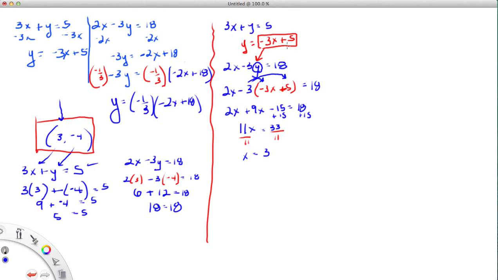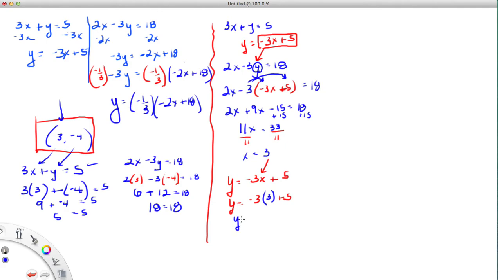How do I find y? Take that equation you have at the top, in red, so let me write it in red down here. We have y equals negative 3x plus 5. Remember I took the first equation and solved it for y? So you're going to take that first equation that you solved for y and plug in a 3 for x.